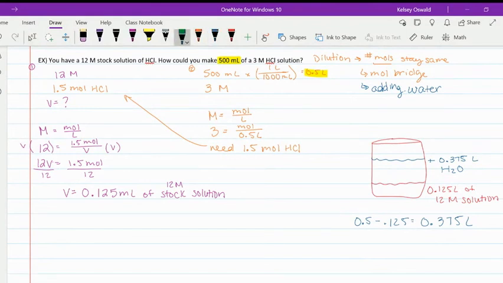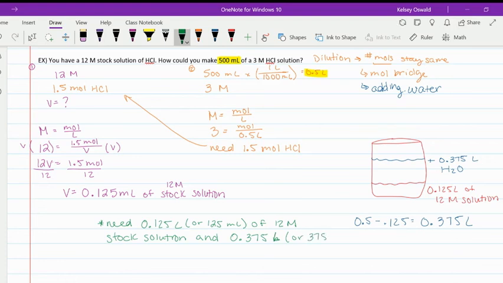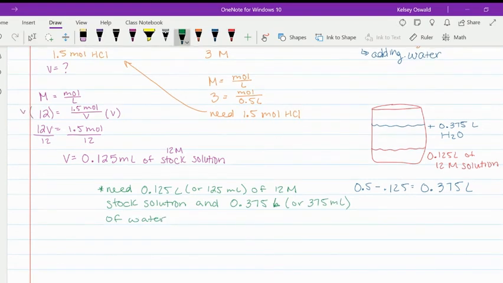So in order to make this solution, we would need 0.125 liters or 125 milliliters of the 12 molar stock solution and 0.375 liters or 375 milliliters of water in order to make 500 milliliters of a 3 molar solution.